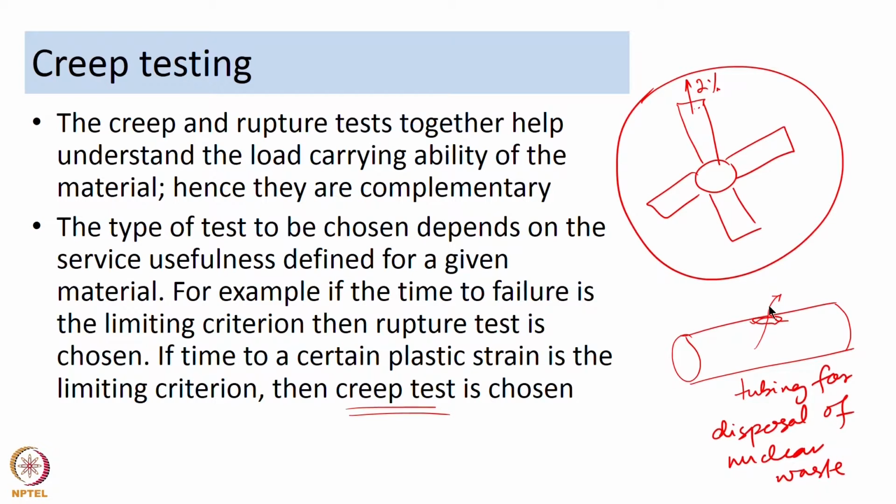So, in this condition probably your interest is to know what is the time to rupture for a certain applied load. So, based on your end application, you can decide which particular type of test you want to adopt.